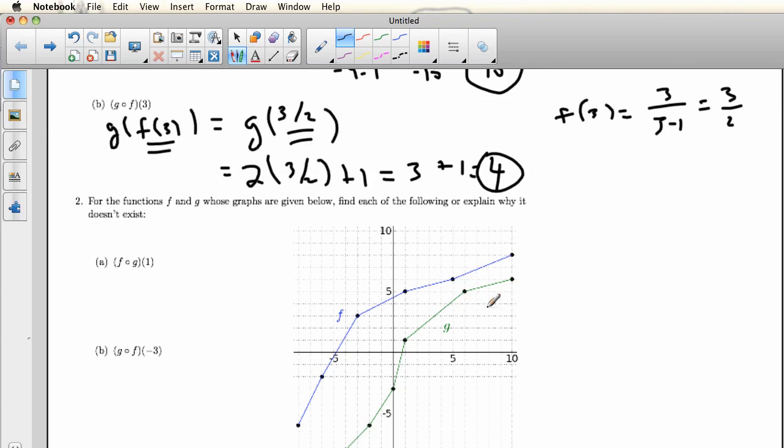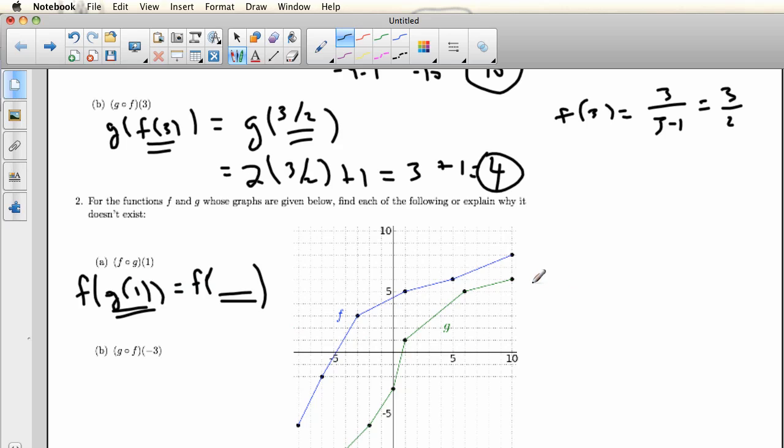In the next problem, I'm doing the same sort of thing from a graph, but I do the same steps. So I rewrite this as nested functions. F of g of 1. Again, I first need to know what g of 1 is, so I'm going to replace g of 1 with what it's equal to. And to do that, I need to know how to get g of 1 from the graph.